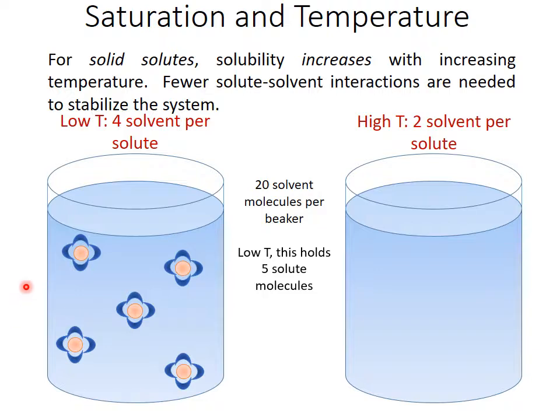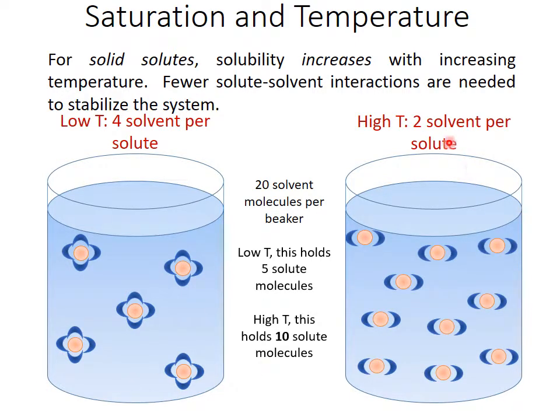If we saturate this system at low temperature, that 4-to-1 ratio means that this can only hold 5 solute molecules. But what if we increase the temperature? When we go to that higher temperature condition, we only need 2 solvent molecules now for every solute, which means that saturated, it can hold 10 solute molecules. So to recap, at lower temperatures, you'll have fewer solute molecules at saturation than you will at a high temperature.